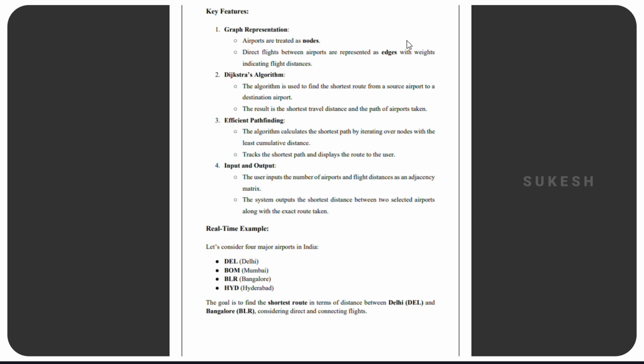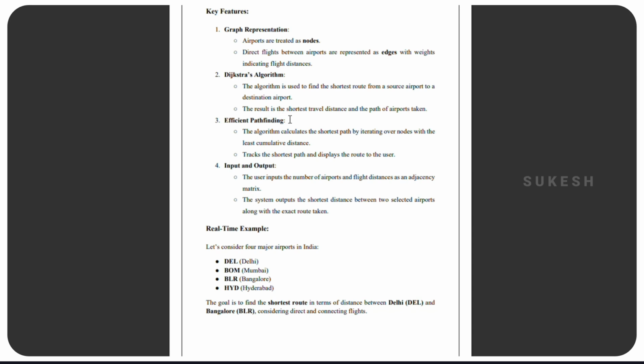So here the edges will be the distance or the connection between the two airports, and we are going to use the Dijkstra algorithm since it is usually used to find the shortest route, and the result is the shortest travel distance and the path of airports taken.